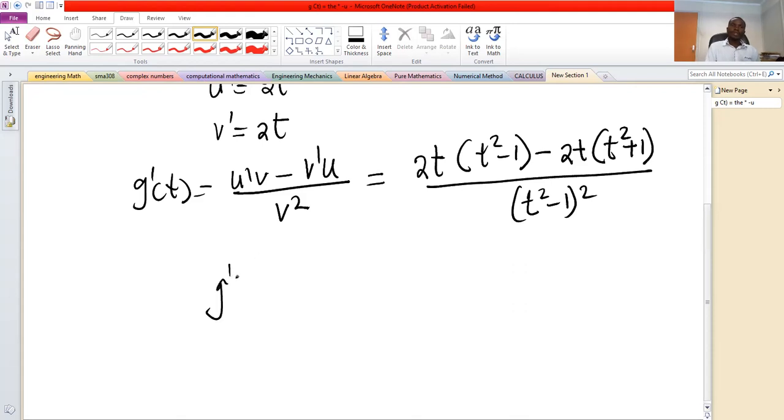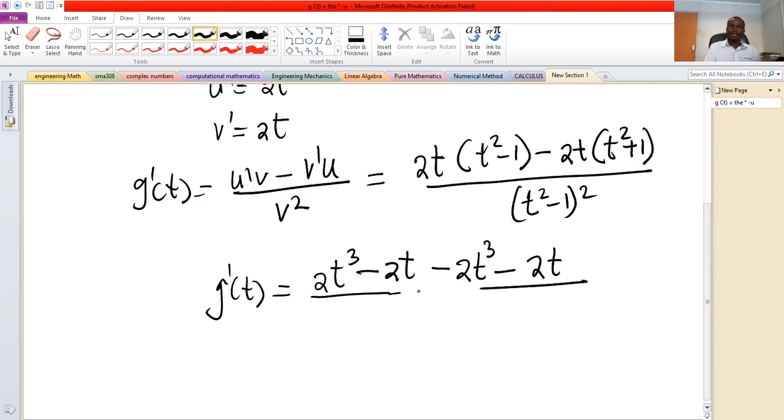So g prime of t is 2t cubed minus 2t minus 2t cubed minus 2t, divided by the square of t squared minus 1.